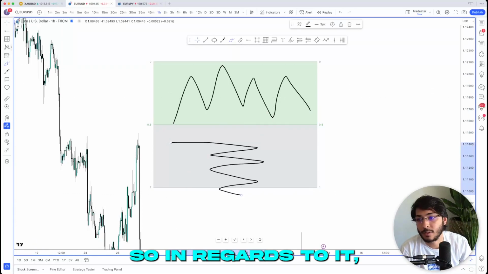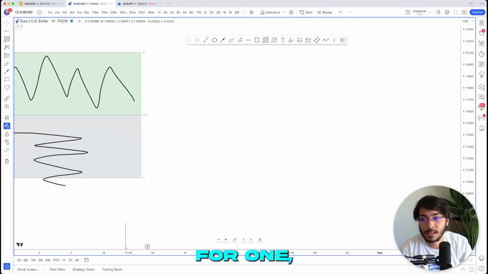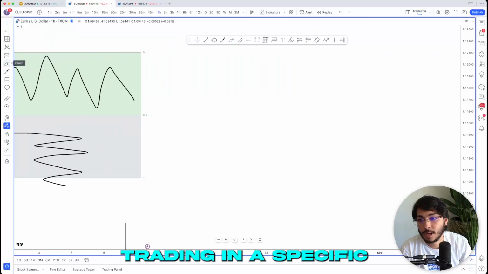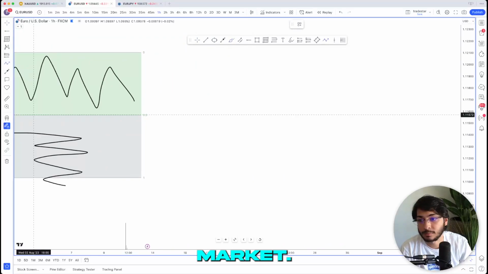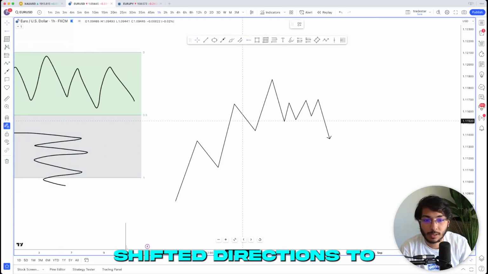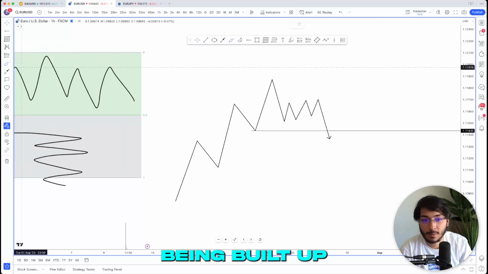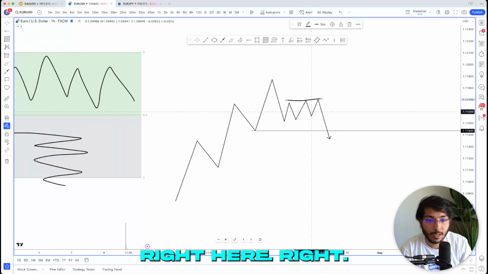So in regards to it, when we're using the Gann Box, there's a few different ways that we like to use it. For one, let's say we are trading in a specific market. Let's say we're trading in a market that has just shifted directions to the downside, right? Let's say we see this area of liquidity being built up right here.